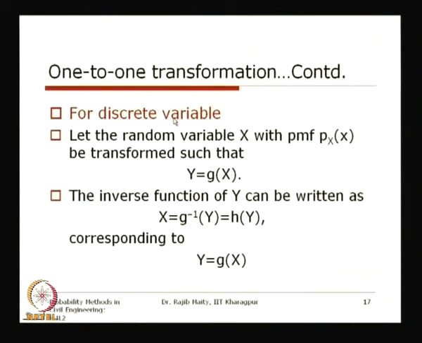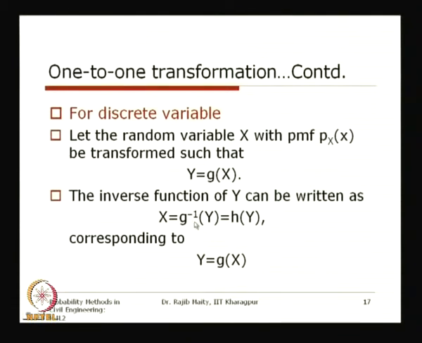Now, for the discrete variable, let the random variable x with the PMF p_X(x) be transformed such that y equals g(x), and the inverse function can be written as x equals g inverse of y.